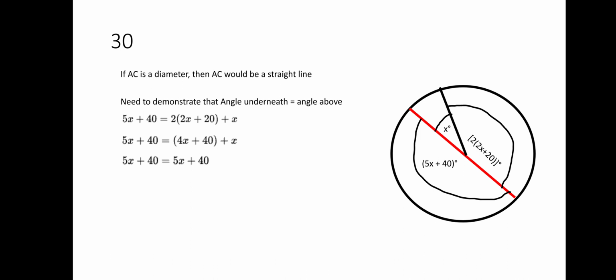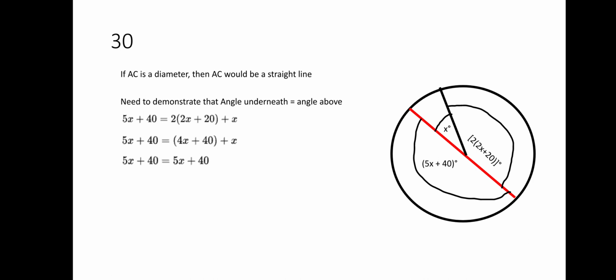So the angles above it would be the 2 brackets 2x plus 20 plus the x, and the angle below the AC is 5x plus 40, and these two would be equal if AC was a straight line. So we need to therefore demonstrate that the angle underneath equals the angle above. So we can rewrite this equation. The angle underneath is 5x plus 40, and the angles above are, as we said, x plus the 2 brackets 2x plus 20.